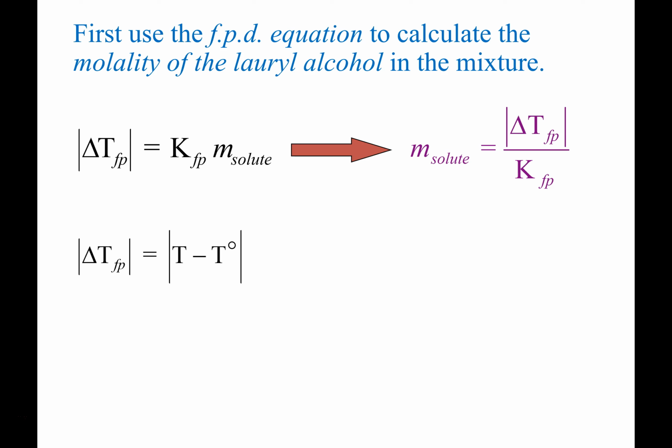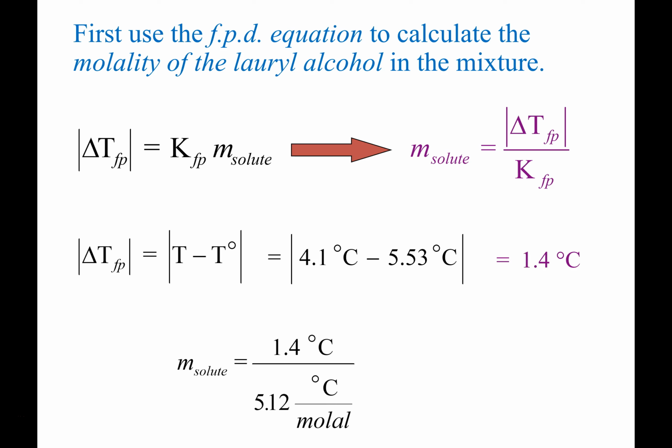Delta T FP, the absolute value of, is the new temperature it froze at minus the old temperature, what it froze at if it's pure. You're looking at delta T FP of 1.4 degrees Celsius. We plug it in: 1.4 degrees Celsius over the KFP, 5.12 degrees Celsius per molal. That gives you units of molal, a molality of 0.27 molal.